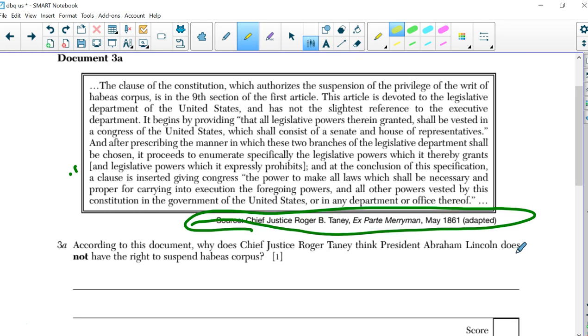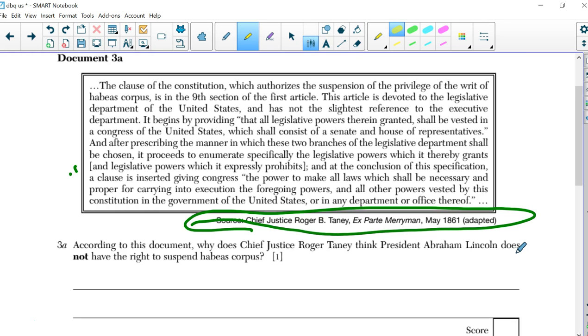It begins by providing that all legislative powers therein granted shall be vested in a Congress of the United States, which shall consist of a Senate and House of Representatives. And after prescribing the manner in which these two branches of the legislative department shall be chosen, it proceeds to enumerate specifically the legislative powers which it thereby grants, and legislative powers which it expressly prohibits.